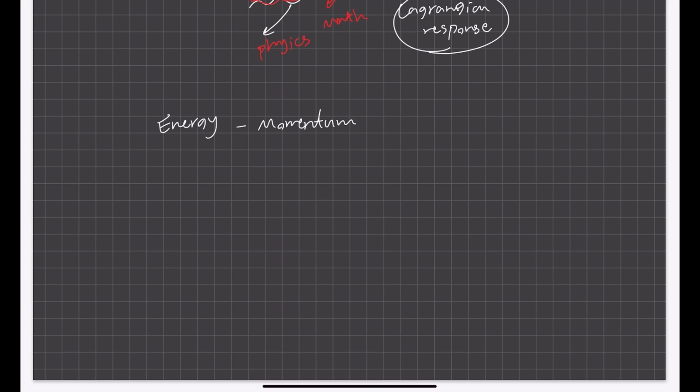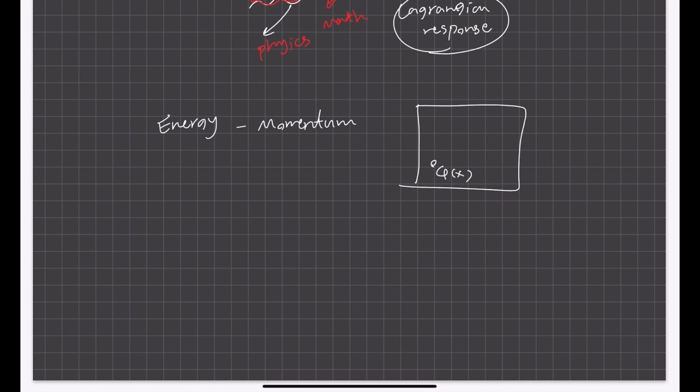If I have a 4-dimensional or any dimension of space-time, imagine that I have this box here. And imagine somehow I label this box here, and I have phi of x here, and I define a vector a mu, which is some multidimensional vector, but this is my infinitesimal parameter.